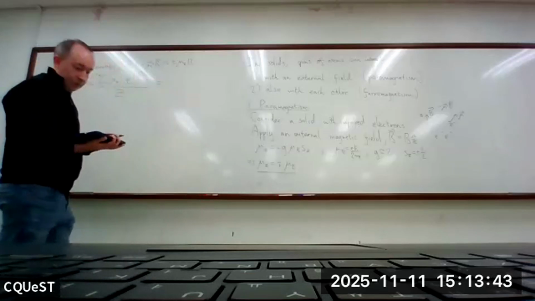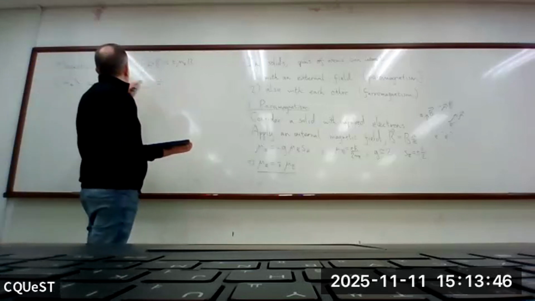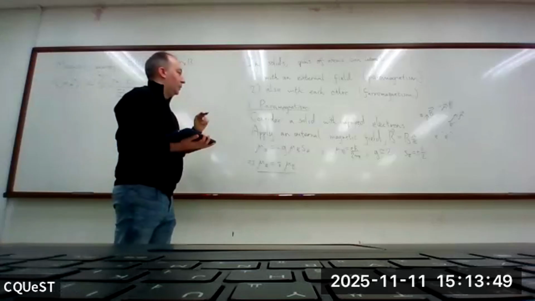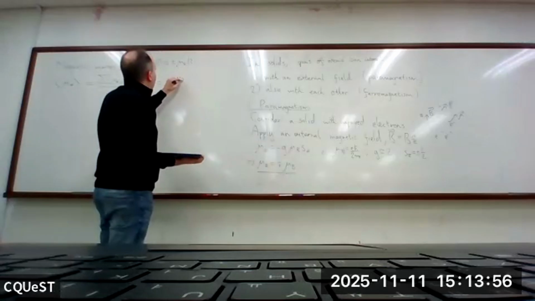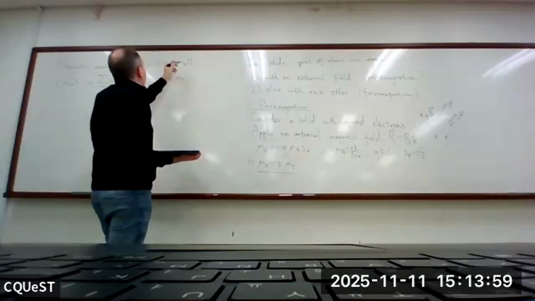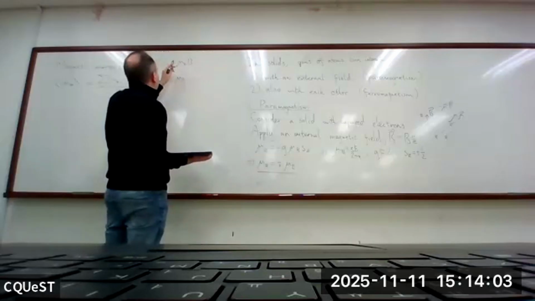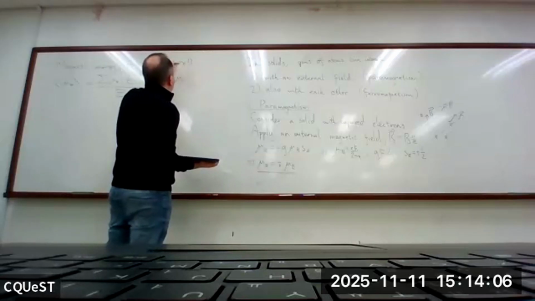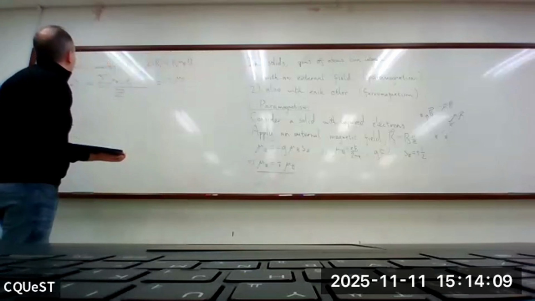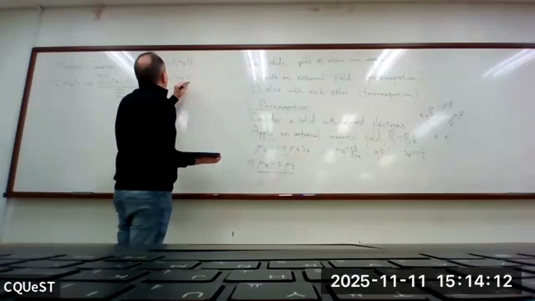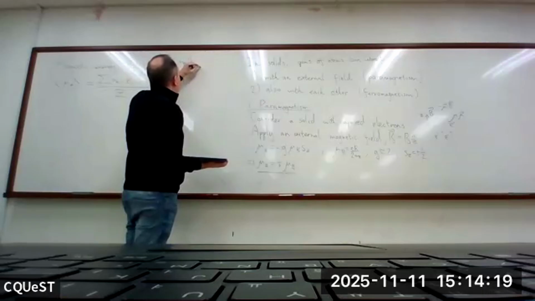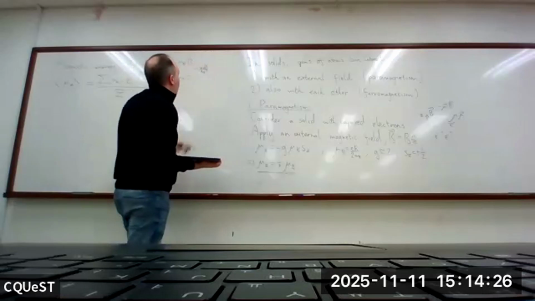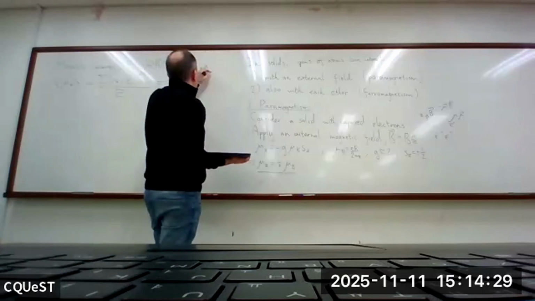For spin plus a half, we have minus mu_B for the moment, and the energy is plus mu_B B. So minus beta E is minus mu_B B over Boltzmann's constant times T, temperature. And then the same thing with the opposite sign.